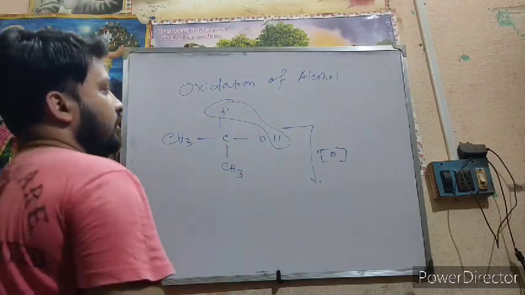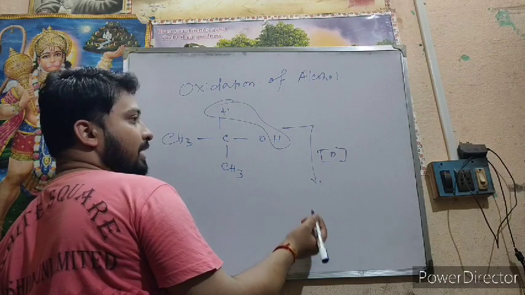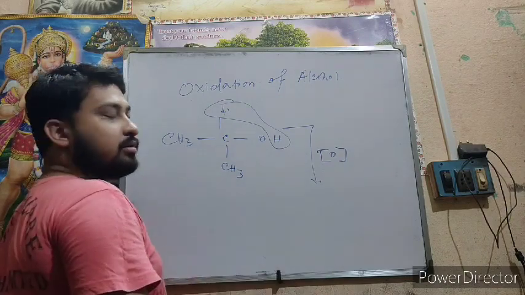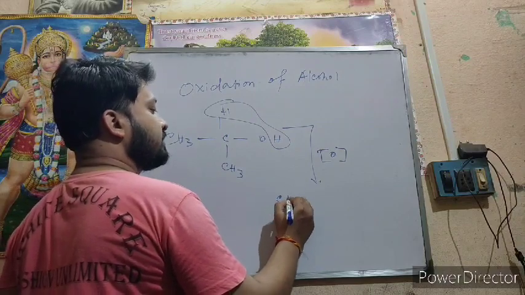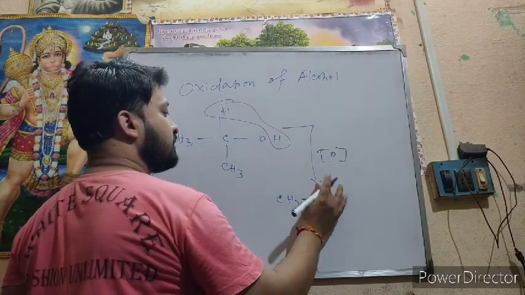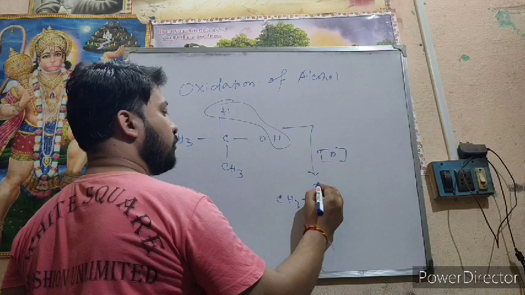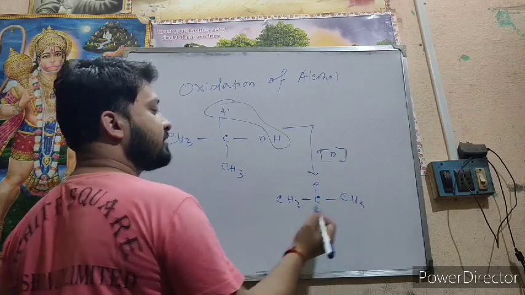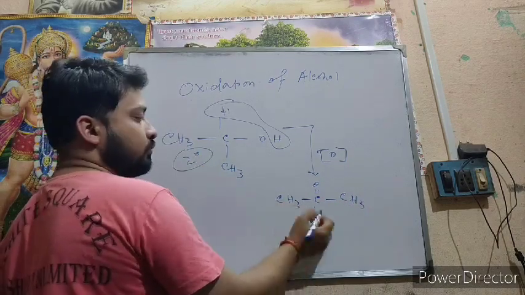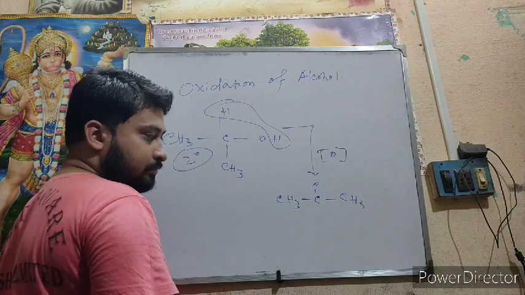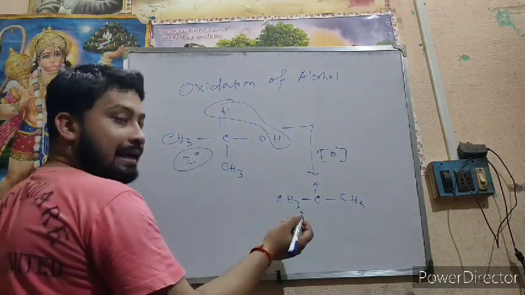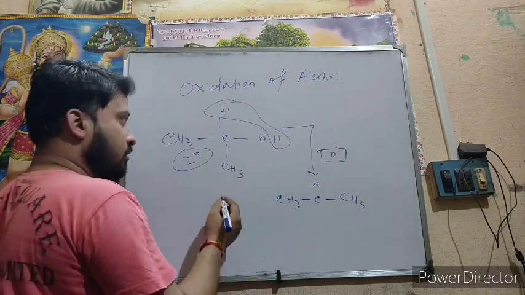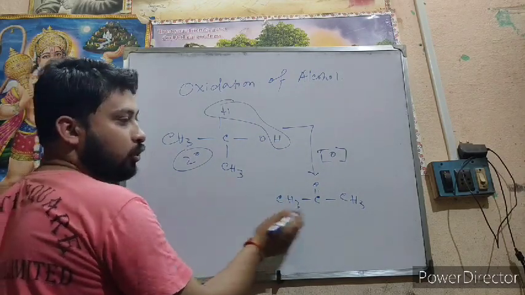As you know, the removal of hydrogen is called oxidation. So the product is CH3C=OCH3. This is ketone. So 2 degree gives us ketone. 1 degree gives us aldehyde and acid.